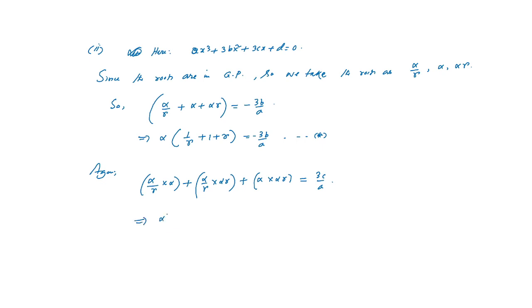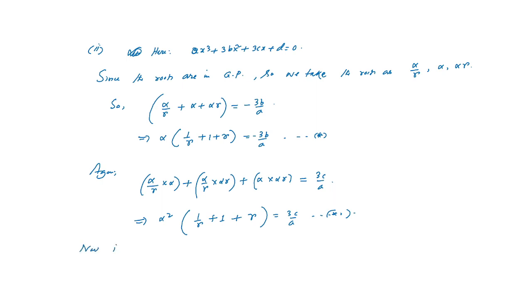From this, if we take alpha square common, this will be 1 by r plus 1 plus r, which is 3c by a. So now what will we get? We will divide.